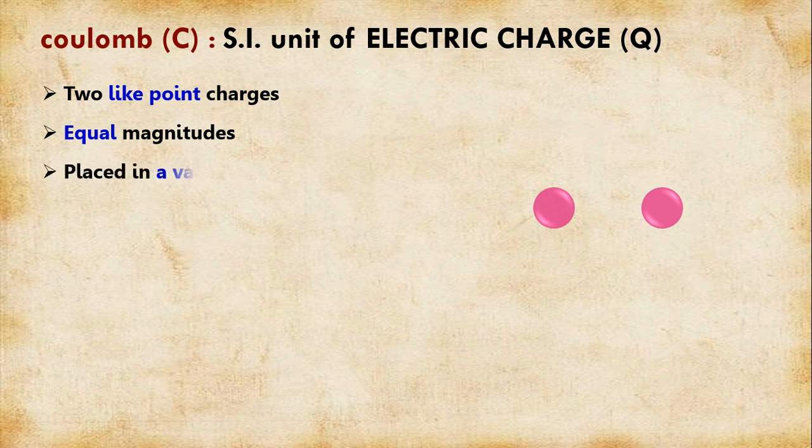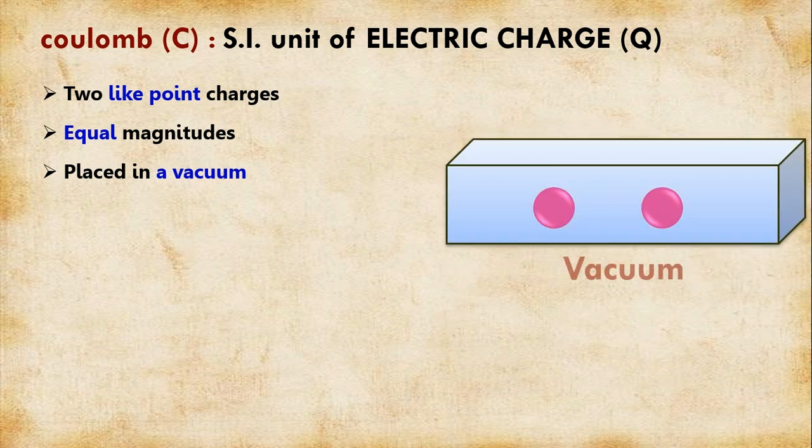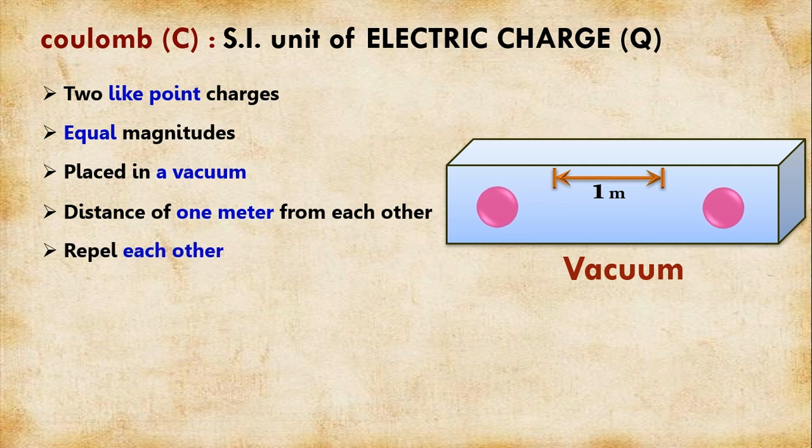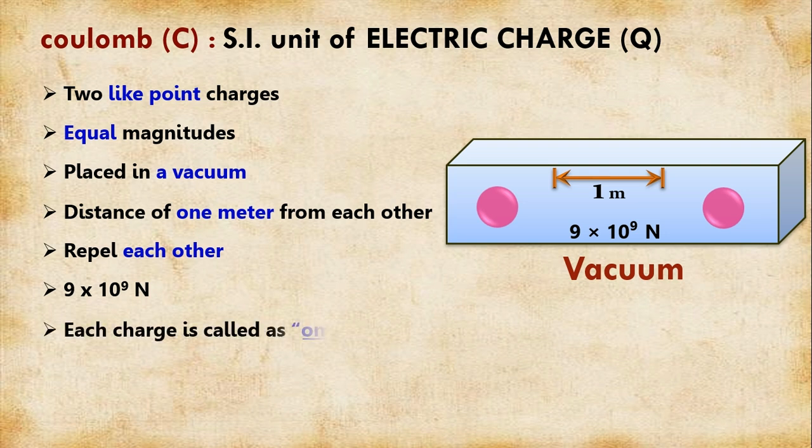If placed in a vacuum at a distance of 1 meter from each other, they repel due to the force present between the charges. If the force acting on these charged particles is 9 into 10 power 9 newtons, then each charge is called 1 coulomb.